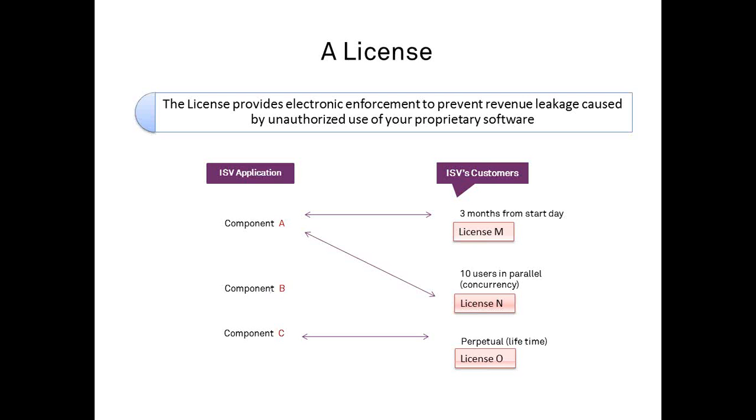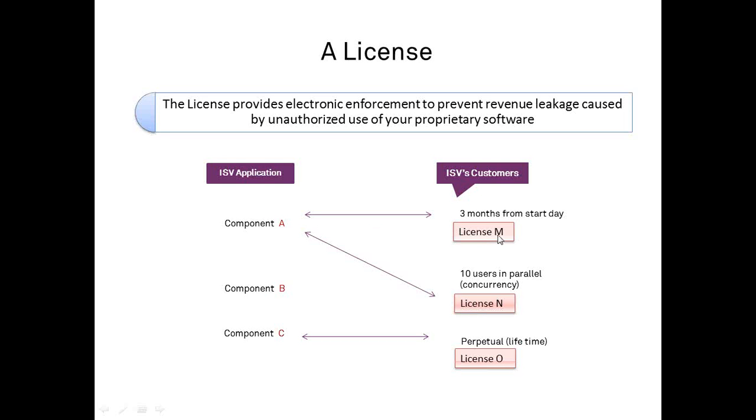I don't know why, but let's suppose that I don't want anybody to use it right now, or I haven't created the license to be working with component B of the application. And license O will be working with component C of my application. So I create a license that defines which components of my application will be working.